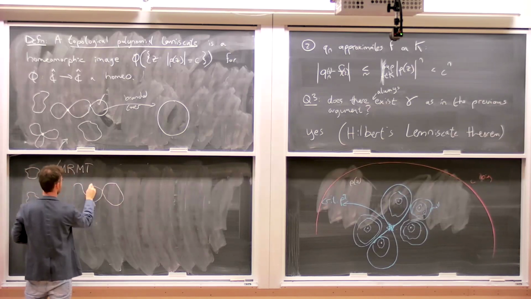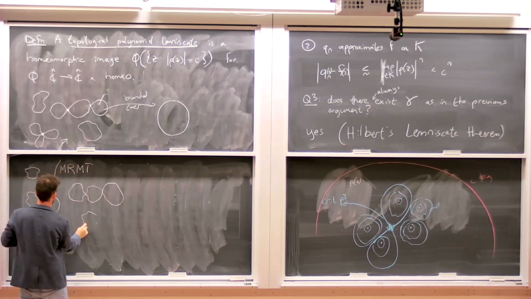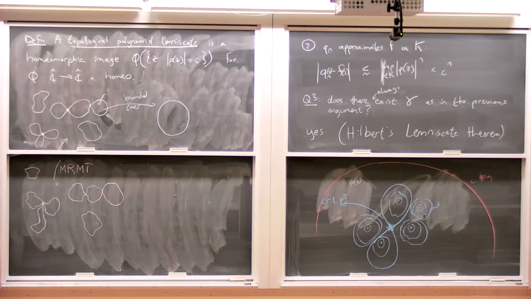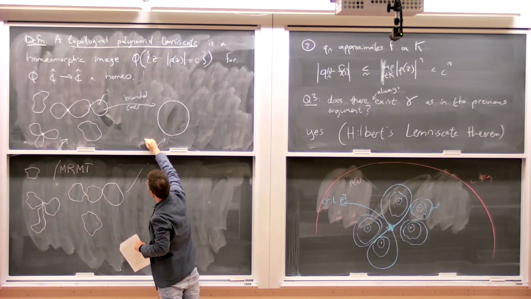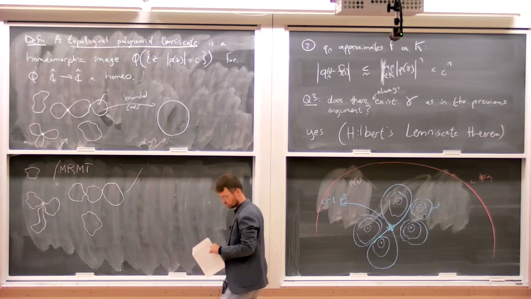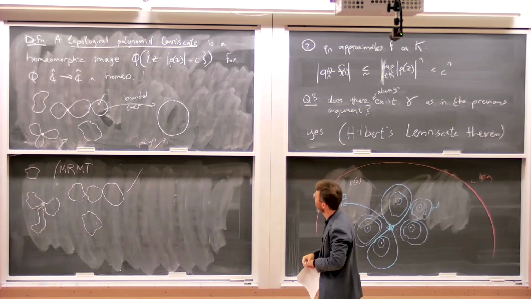Give me a minute to draw a homeomorphic copy. Of course, now it's been distorted, but when you look at this composition, it's a polynomial.